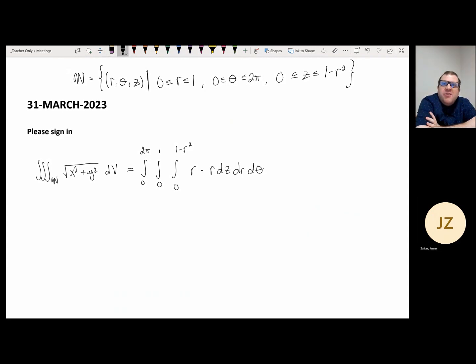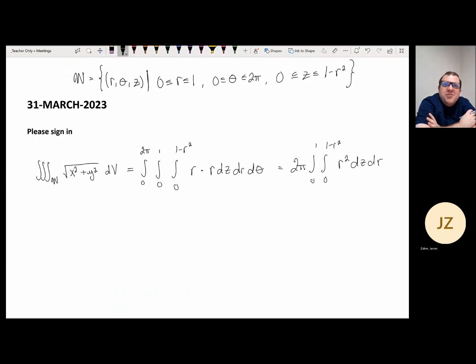Is there a theta anywhere in our integrand? No. Are any of our bounds dependent on theta? No. The outermost integral is going to wind up being 2 pi. Oh, look at that.